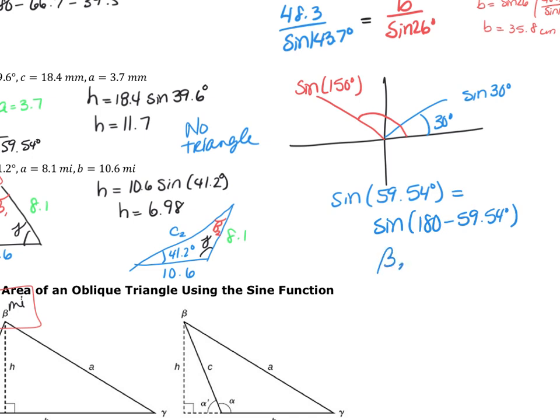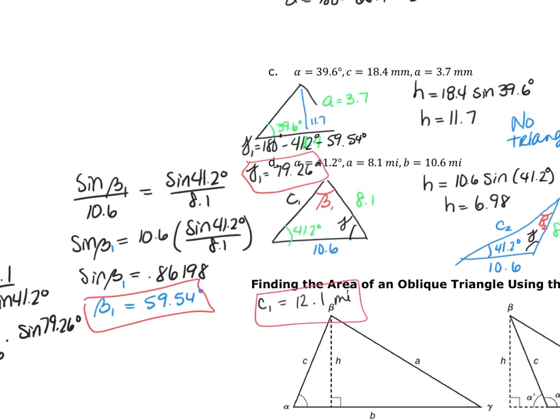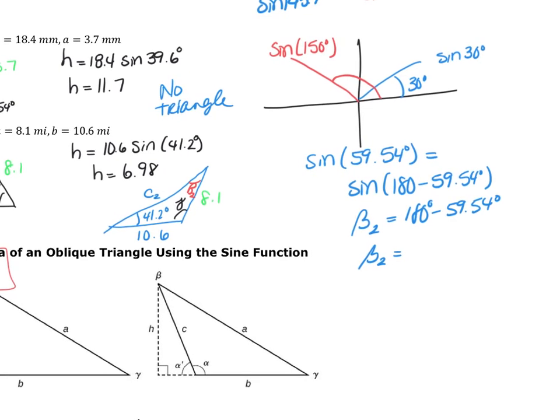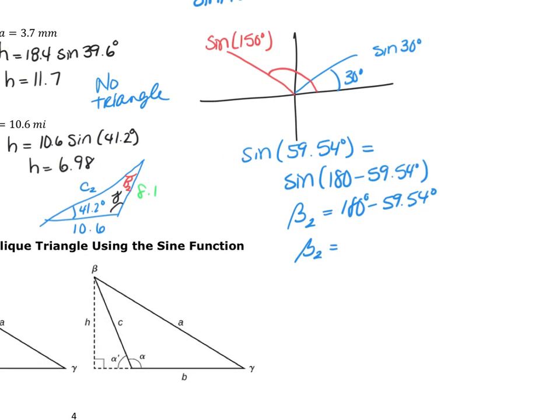My beta sub 2 is going to be 180 degrees minus that 59.54 degrees. So 180 minus the 59.54 gives me my beta sub 2. We're solving for beta sub 2, and it's going to be 120.46 degrees.